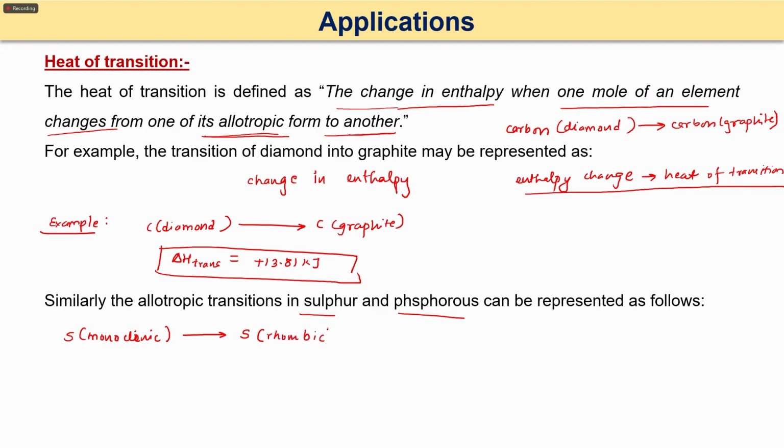So one allotropic form is monoclinic and another is rhombic. If it changes from one form to another, we call it heat of transition, which is equal to minus 0.067 kilojoule. What does it mean?